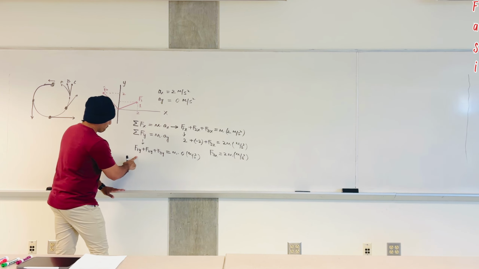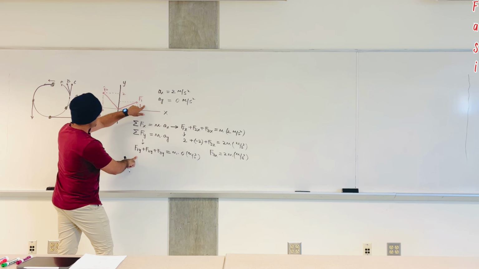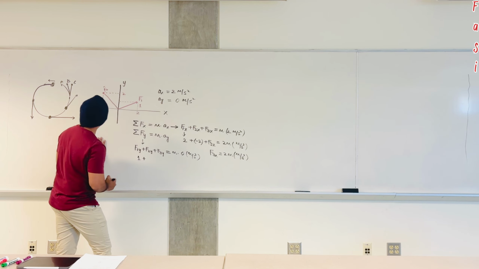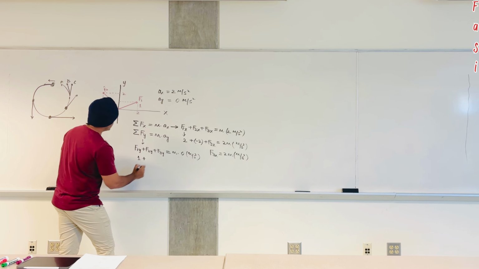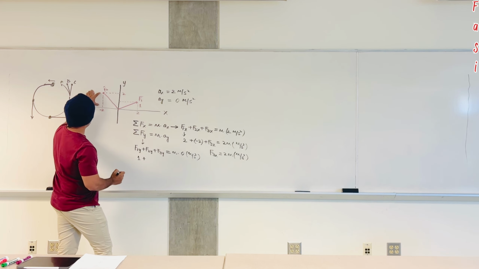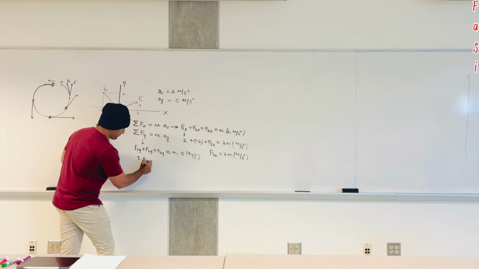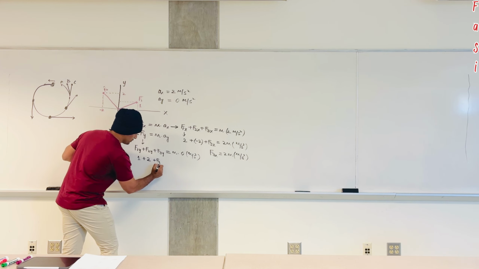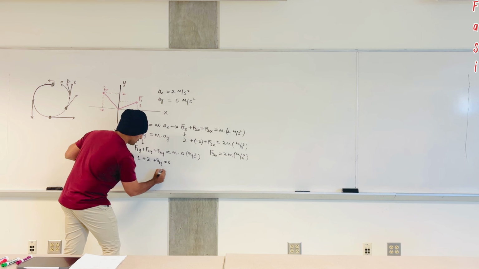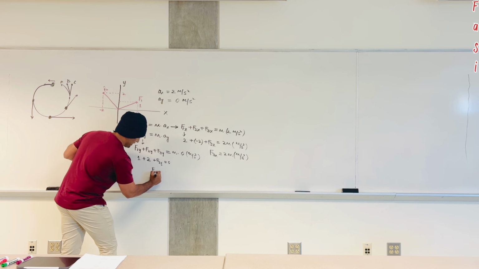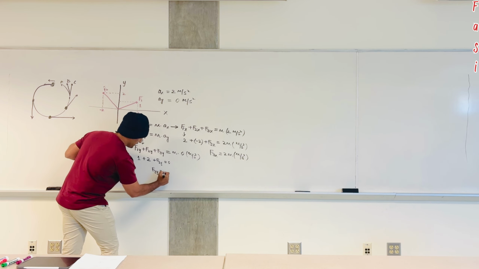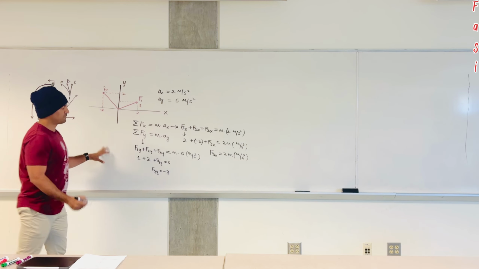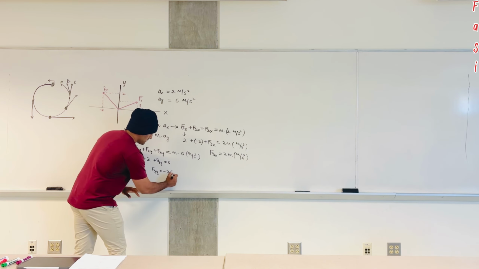F1y is 1, plus F2y, the y component's value of F2, which is plus 2, plus F3y, which we are going to find, equals 0. And so this gives us F3y equals minus 3. It should have some units.